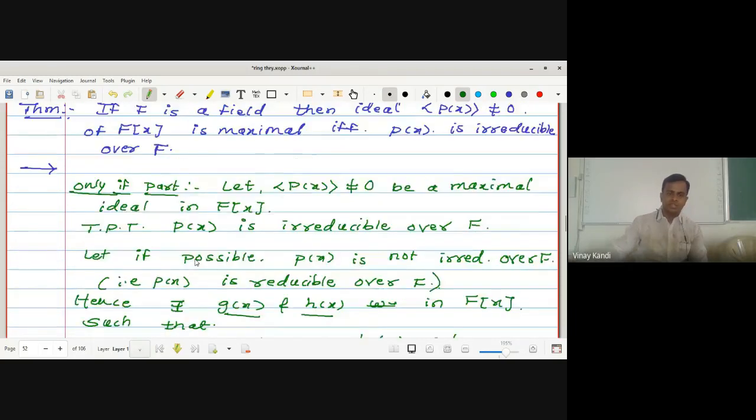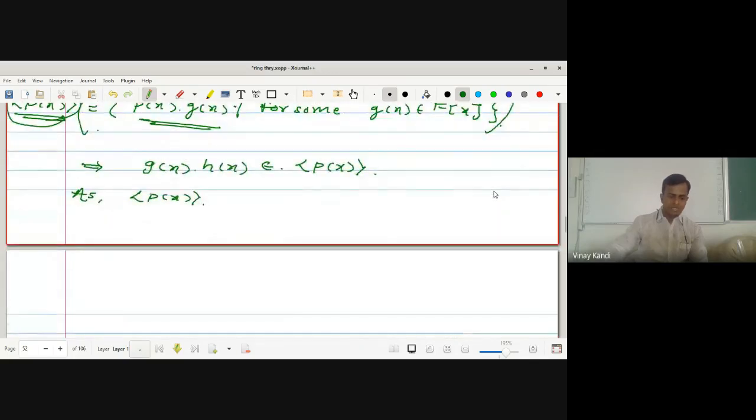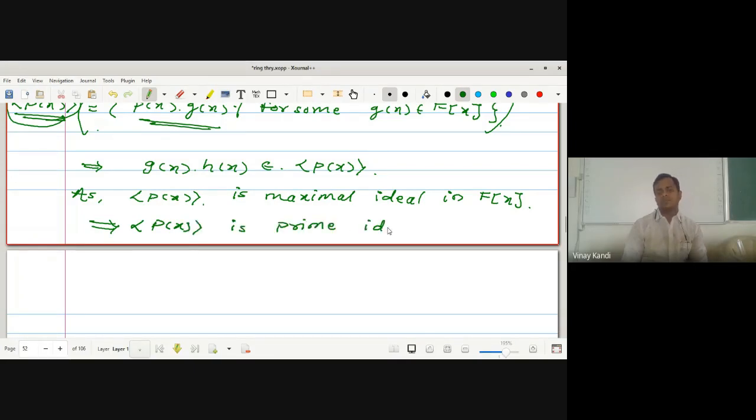Look here. The ideal generated by P of X is a maximal ideal in capital F of X. It implies that, since it is a maximal ideal, the ideal generated by P of X is a prime ideal in capital F of X. Okay, any doubt? No, sir.